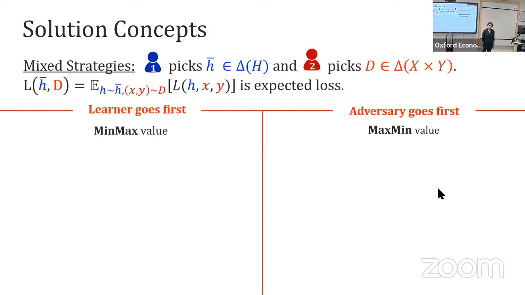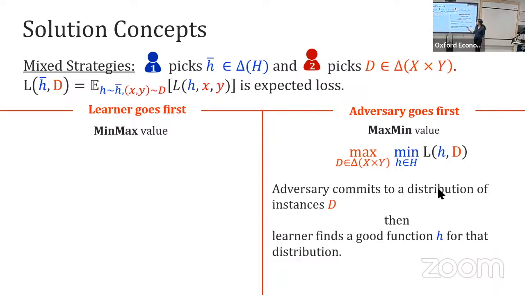So there's two ways to think about these games. There's the learner or the row player going first, or the column player or the adversary going first. Let's start with the column player going first, what I refer to as max-min. What this really means is that if the adversary is going first, he's choosing a distribution over all the possible distributions. And then the learner is trying to choose a good predictor, a good function that would minimize this loss.